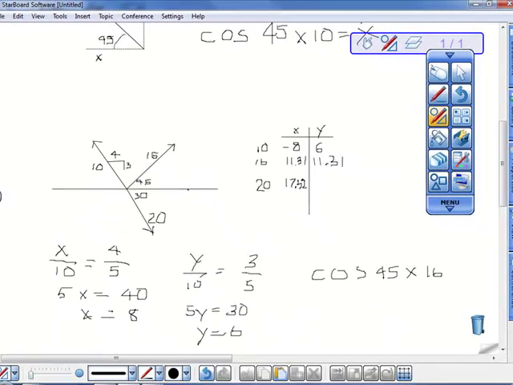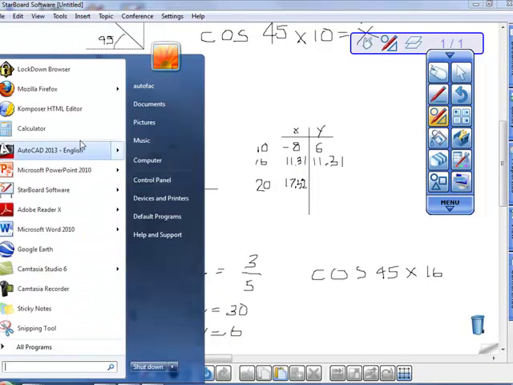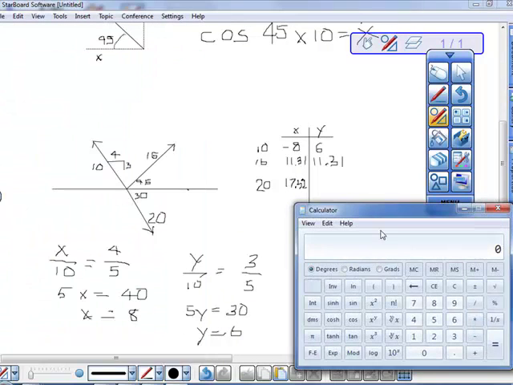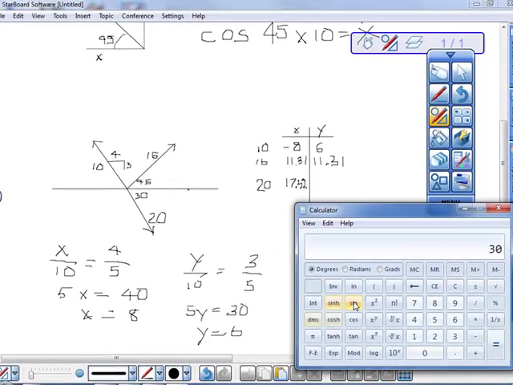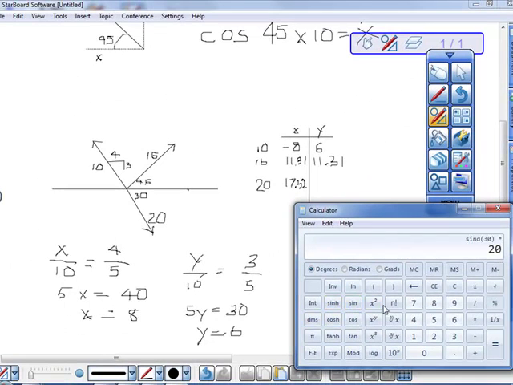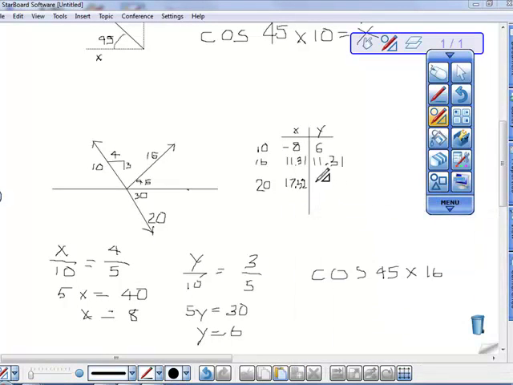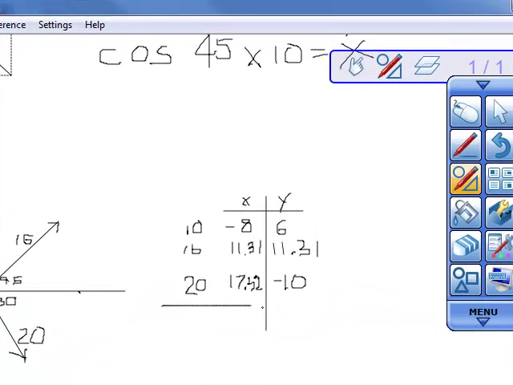And then your y is going to be 30 sine times 20 equals 10. And that's going to be down, so that's a minus. So now you have this little chart without drawing anything, and then you add all these up.